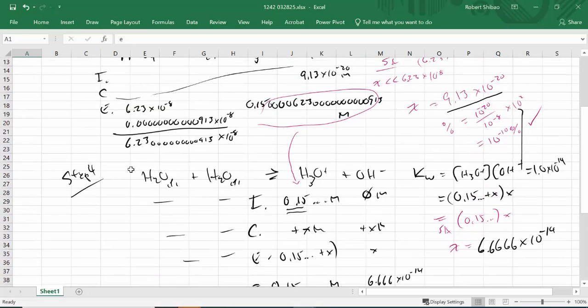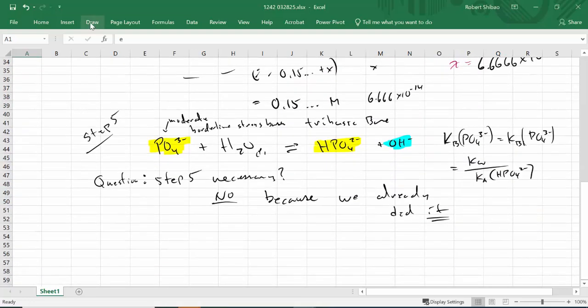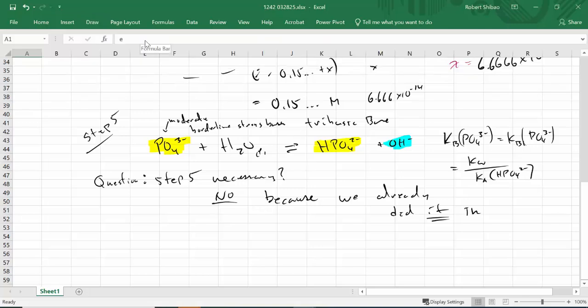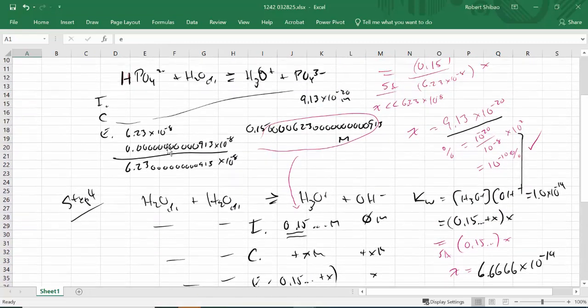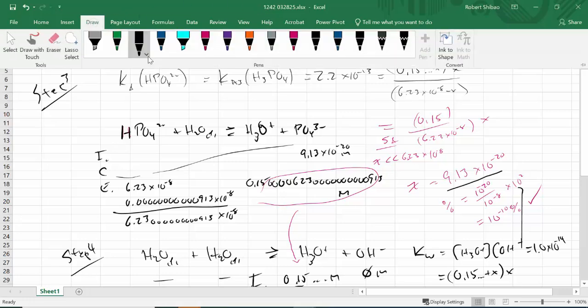We already did it in step 3. If we go back to step 3, step 3 describes the equilibrium.